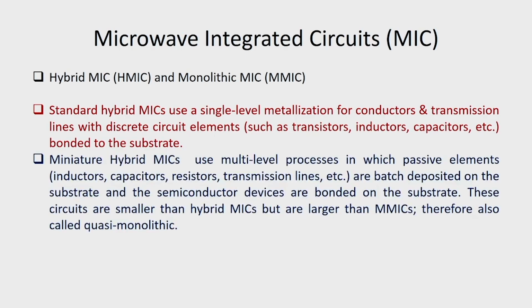Miniature hybrid MICs are multi-level processes in which passive elements, inductors, capacitors, resistors, transmission lines, etc. are batch deposited on the substrate and the semiconductor devices are bonded on the substrate.